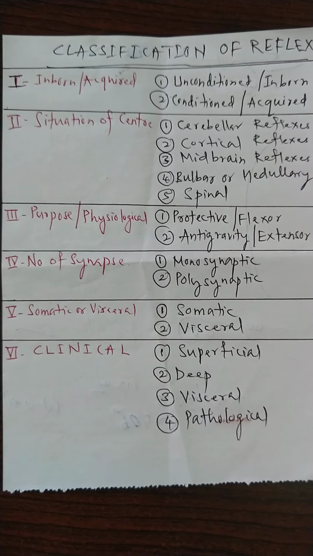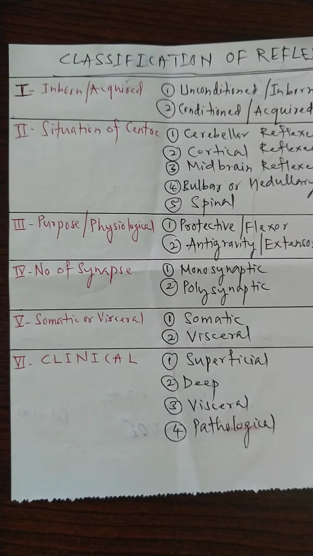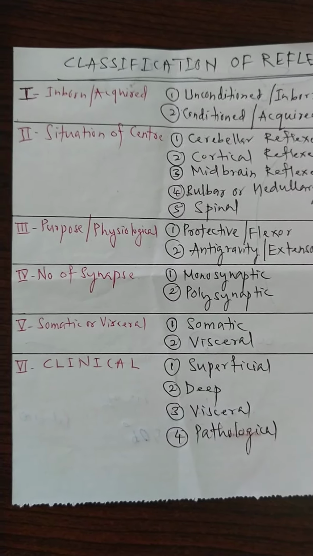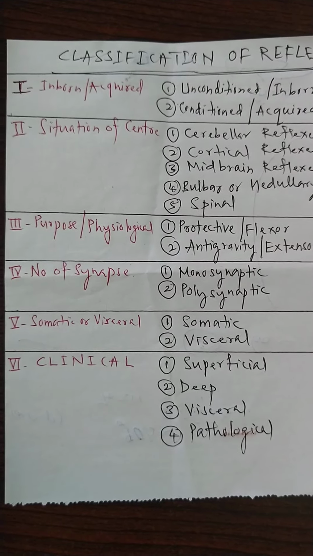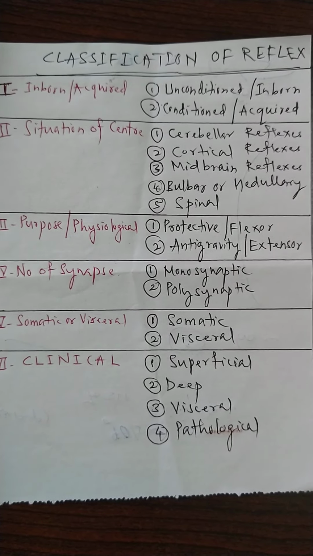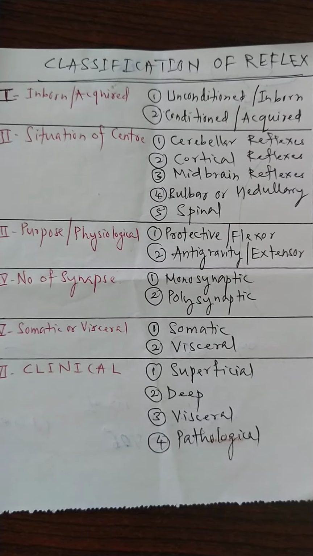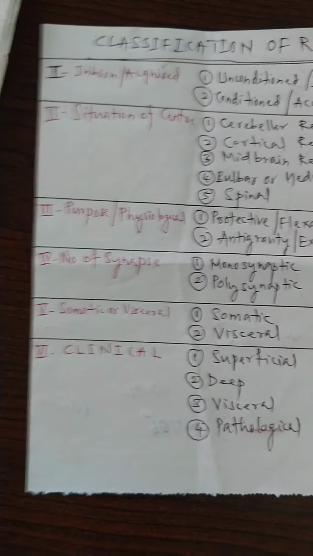Deep reflexes are situated beneath the skin, like tendon reflexes. Visceral reflexes are situated in deep-lying structures or organs. Pathological reflexes are seen only in diseased conditions. They are abnormal reflexes. So this is about the classification of reflexes.